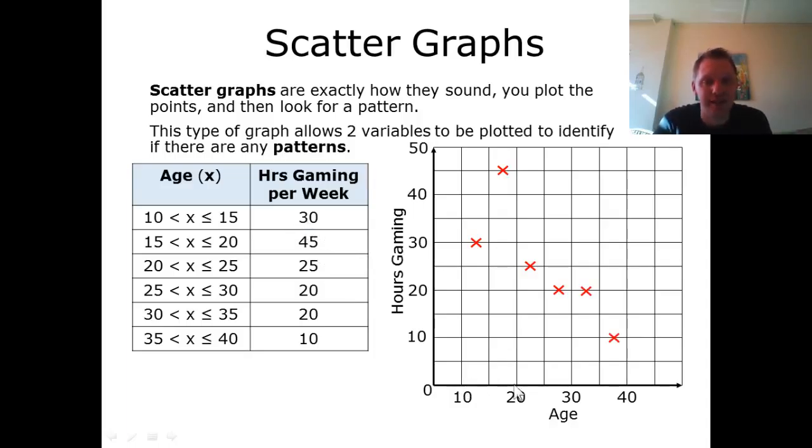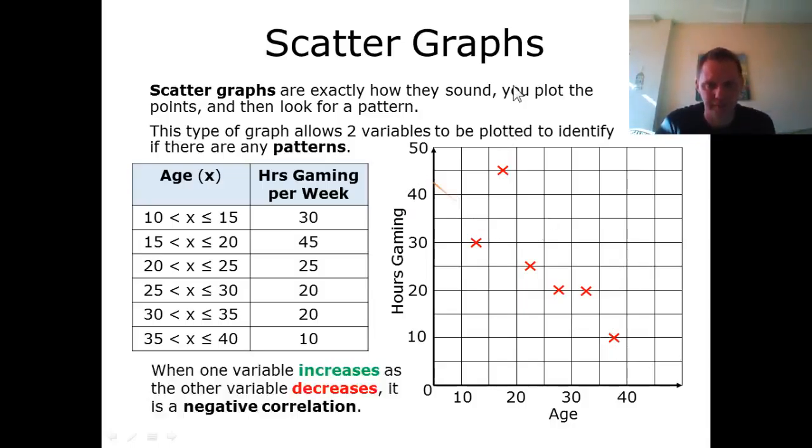Between 10 and 15, we've chosen the midpoint and put a cross at 30. Between 15 and 20, we've chosen the midpoint and put a cross at 45, and so on and so forth. So we've created a scatter graph from this.